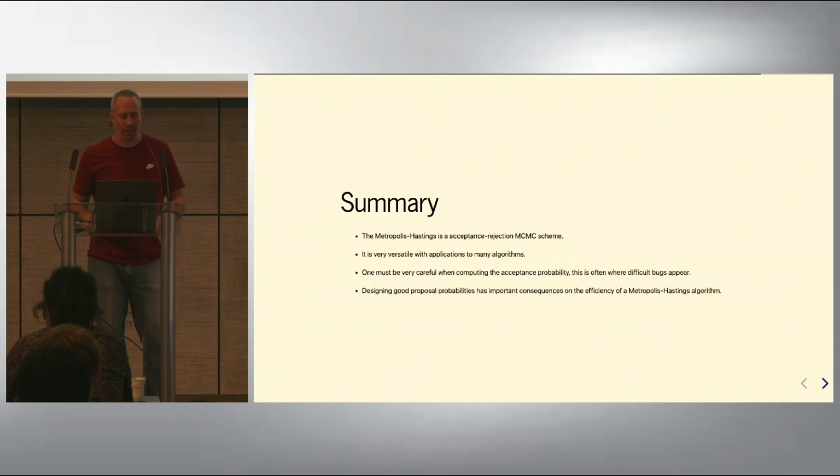So the whole art of doing Monte Carlo is to find the correct trade-off between finding moves that make you move quickly in phase space and at the same time are not rejected ridiculously often, okay?